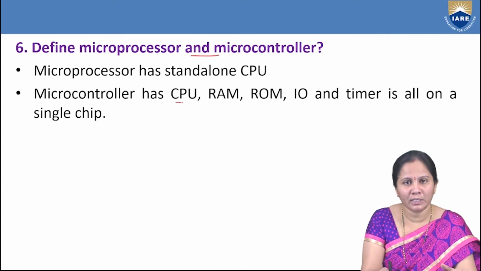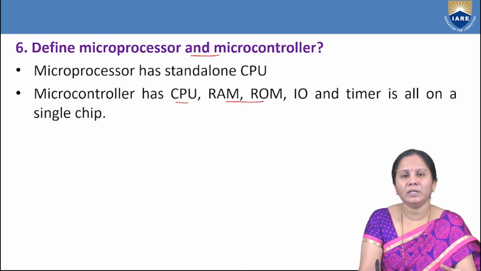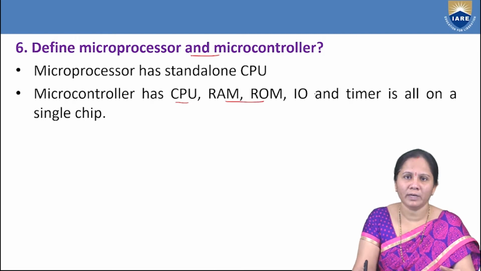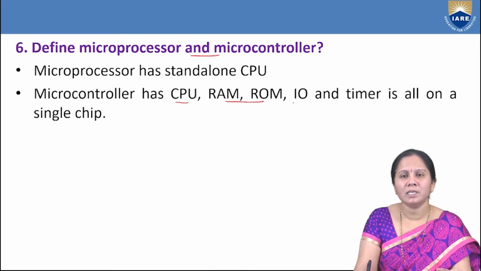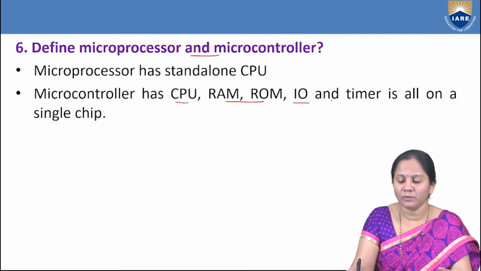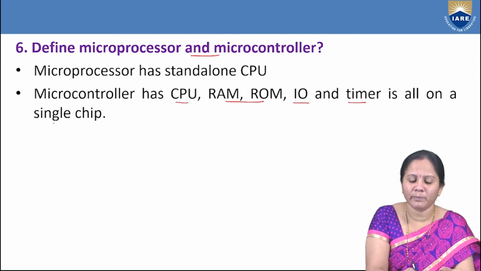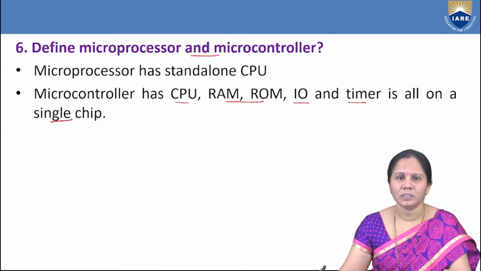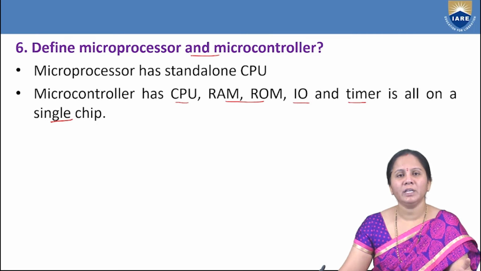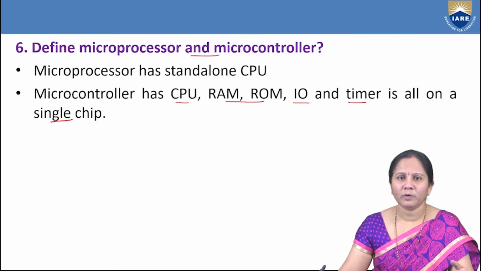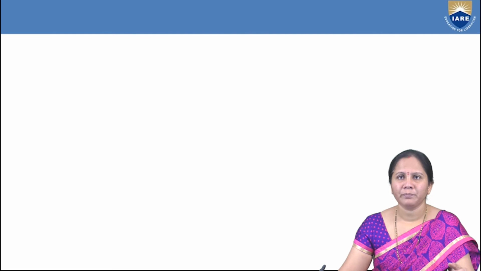It will have internally a CPU, that is the processor, and it also consists of internal memory, that is ROM and RAM, and it also has IO ports, along with timers and counters, and serial ports are available. So all these things will be embedded on a single chip. So this is the main difference between microprocessor and microcontroller.